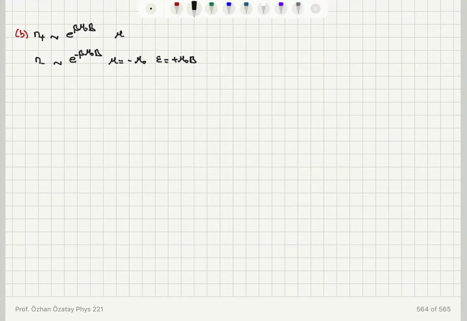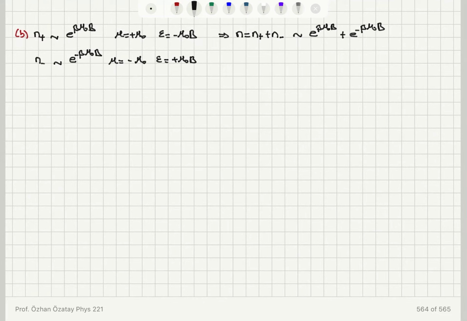For plus, μ was plus μ0, energy is minus μ0 b, and the Boltzmann factor would be e to the plus beta μ0 b. Okay, so we're looking for the total number, n plus and n minus. So this will be proportional to e to the beta μ0 b plus e to the minus beta μ0 b.